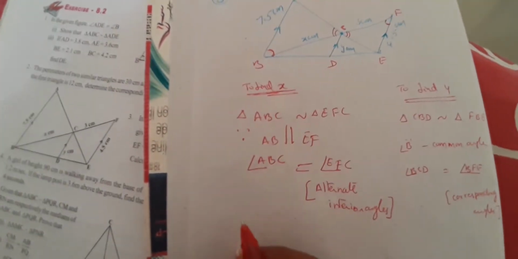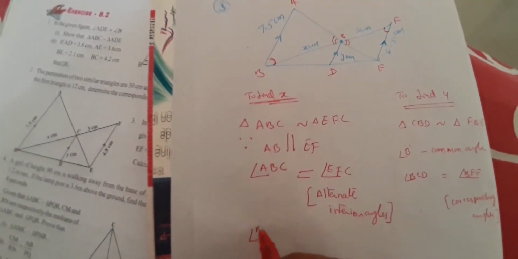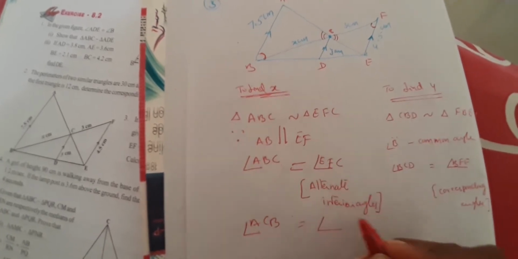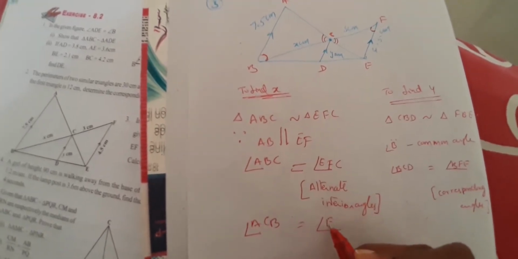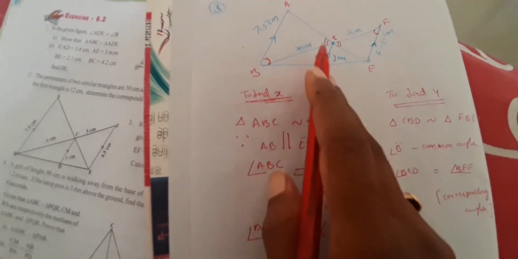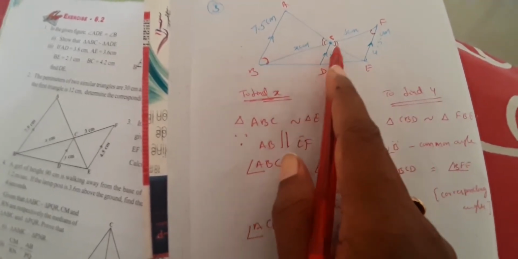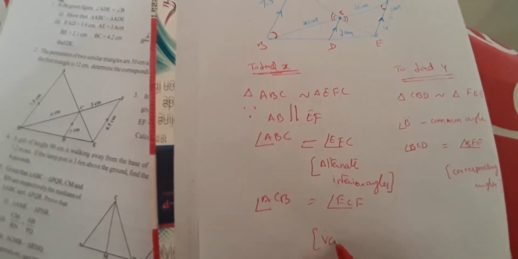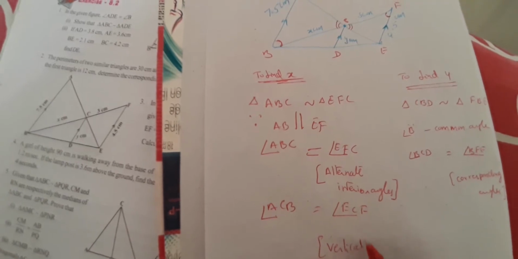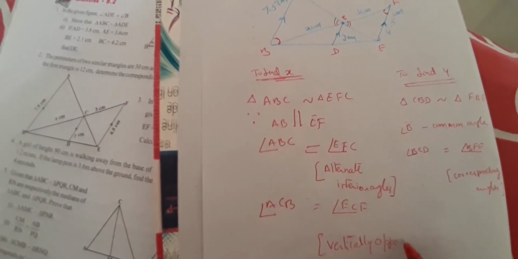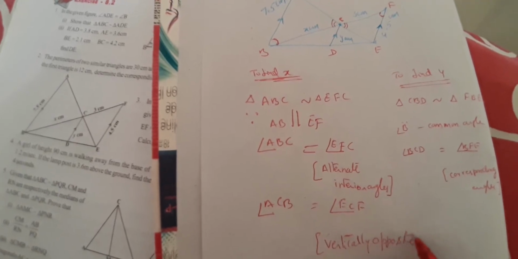So angle ACB is equal to angle ECF. Why? Because, right, what are these called? Vertically opposite angles. So I am writing the reason here. Vertically opposite. Finished, children.